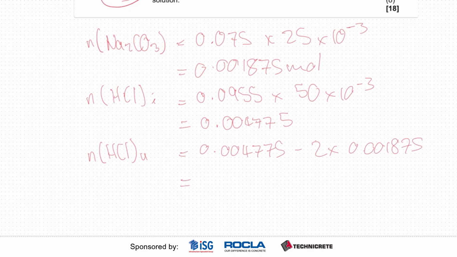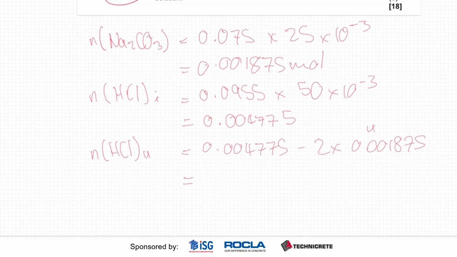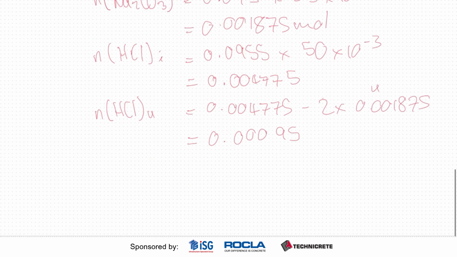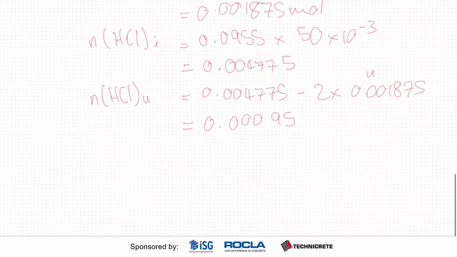Okay, and we get something like this. So this is what's used, and then our answer here is what's left. So this would be the moles left. Yeah, and you can do the math, but it should be 0.00095.